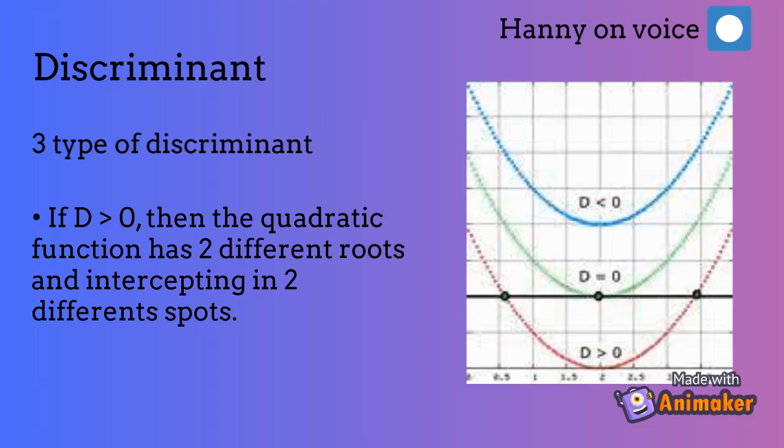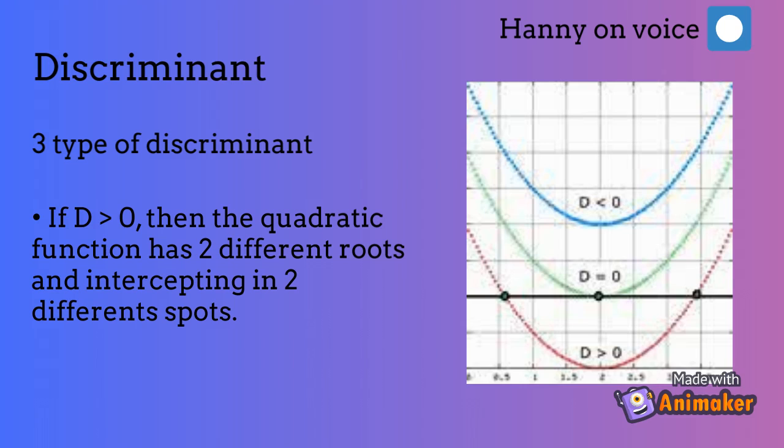If D is greater than 0, then the quadratic function has 2 different roots. Underline it, 2 different roots, intersecting in 2 different spots. You can see in the graphic the red line, that's the graph if D is greater than 0.